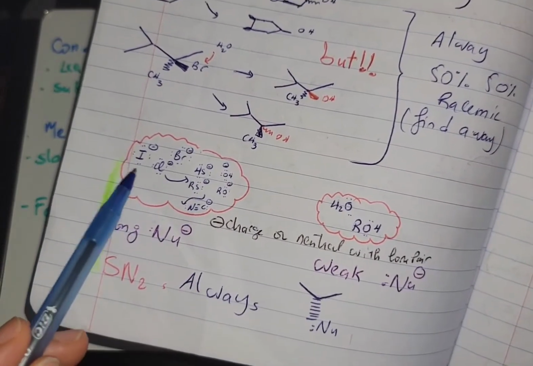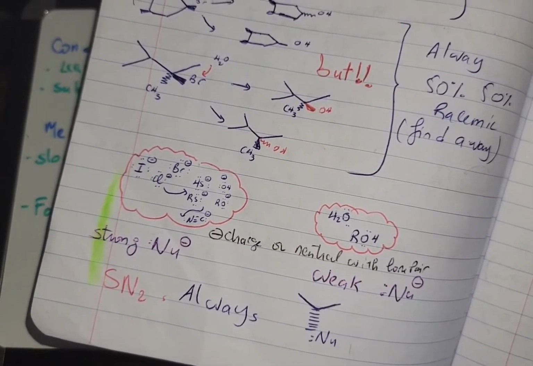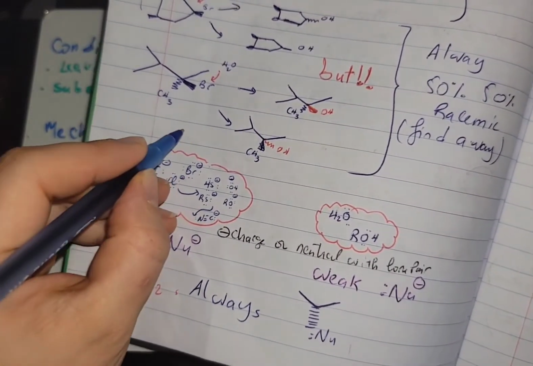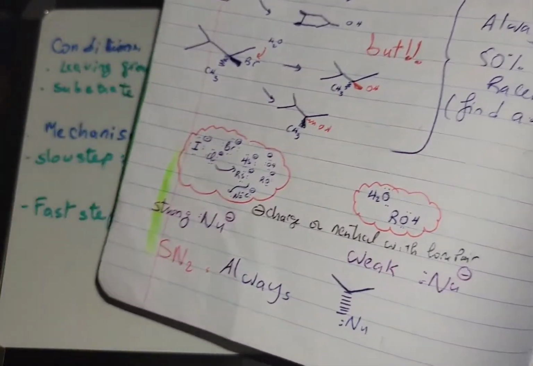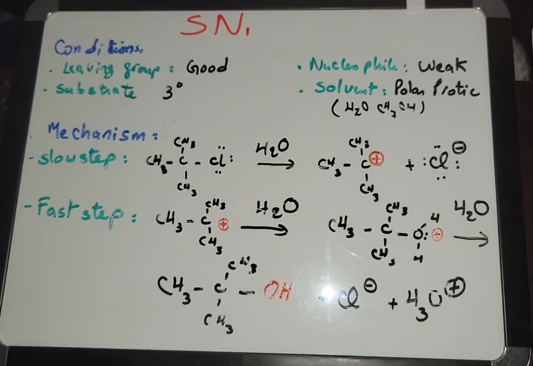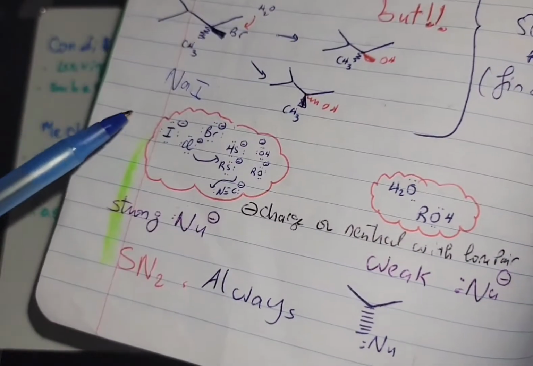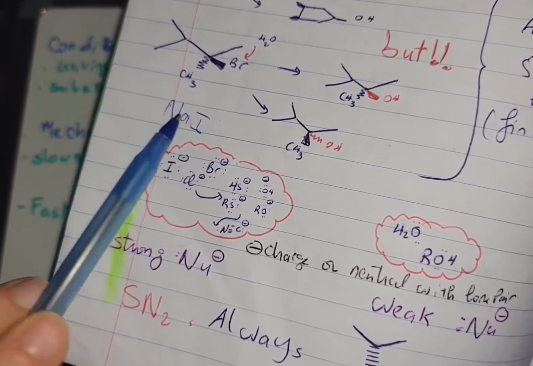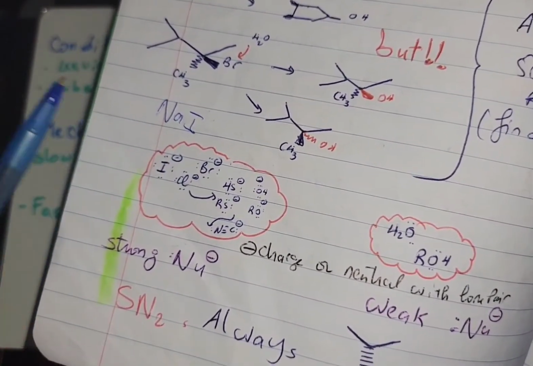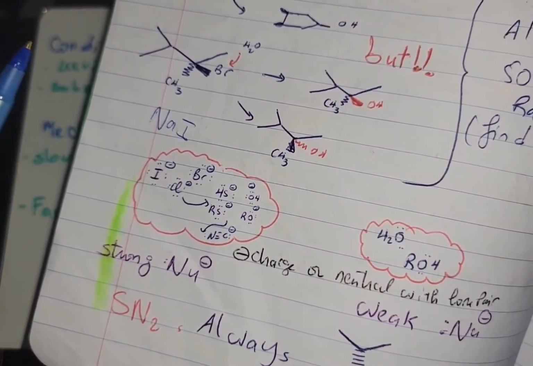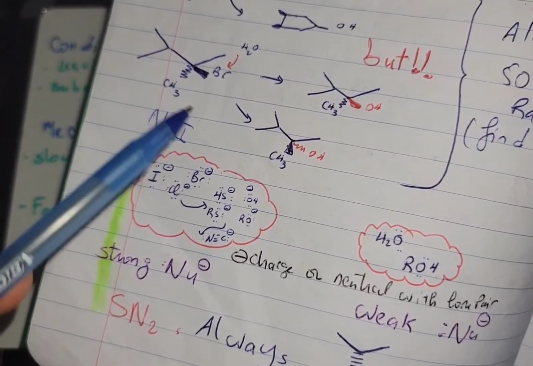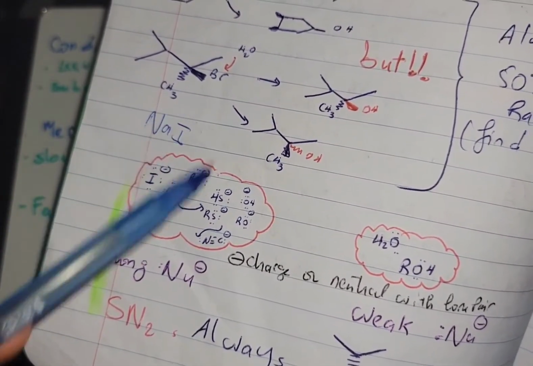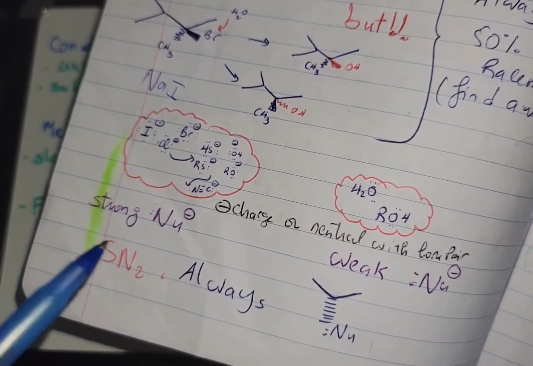For iodide, it has a negative charge, but usually it's not used as just iodide. We add to it a spectator ion, like NaI. Here, if we remove the Na+, which is the spectator ion, we will have I-, meaning that it's a very good nucleophile.